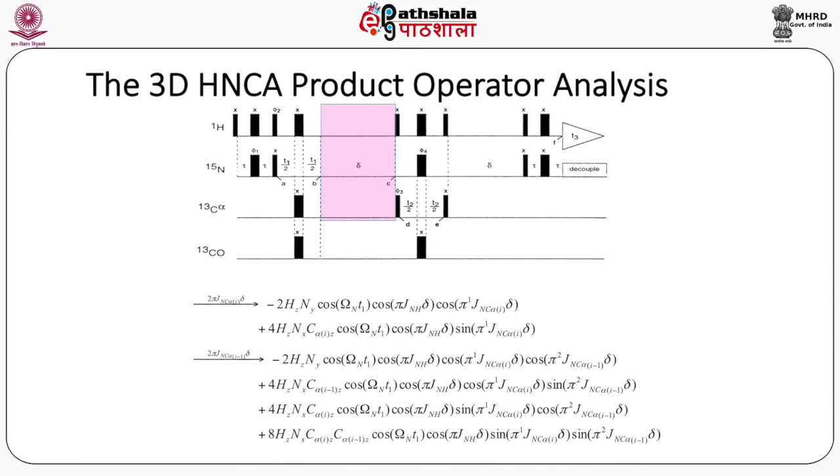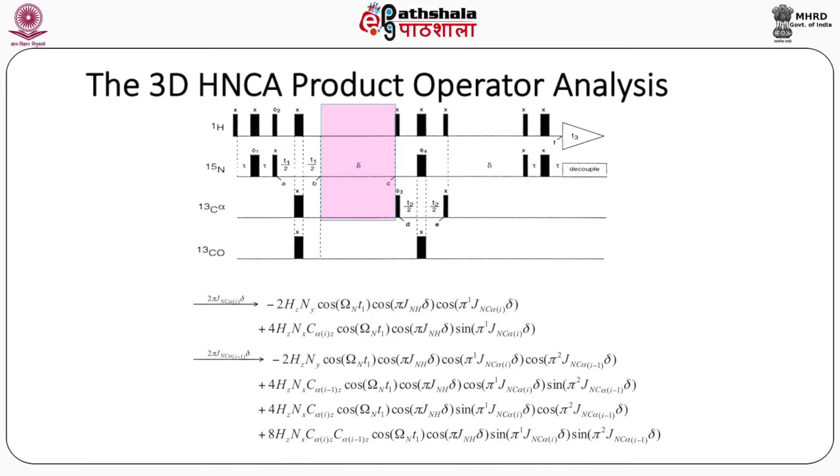And then you have various expressions which give you minus 2 Hz Ny cos omega n T1 cos pi J NH delta cos pi 1J N C alpha I delta plus 4 Hz Nx C alpha Iz cos omega n T1 cos pi J NH delta sin pi 1J N C alpha I delta.